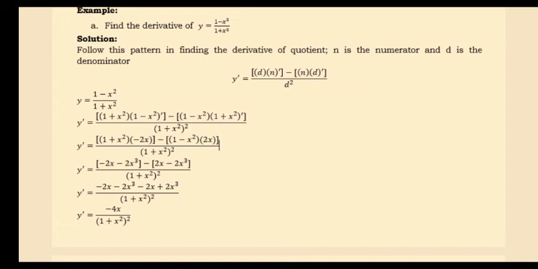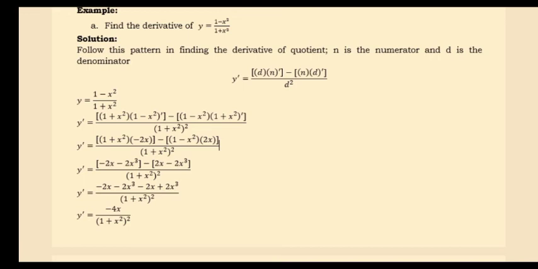The denominator is 1 plus x squared times the derivative of the numerator, that is 1 minus x squared prime, minus our numerator, that is 1 minus x squared, times the derivative of our denominator, that is 1 plus x squared prime, all over the square of our denominator, that is 1 plus x squared squared.